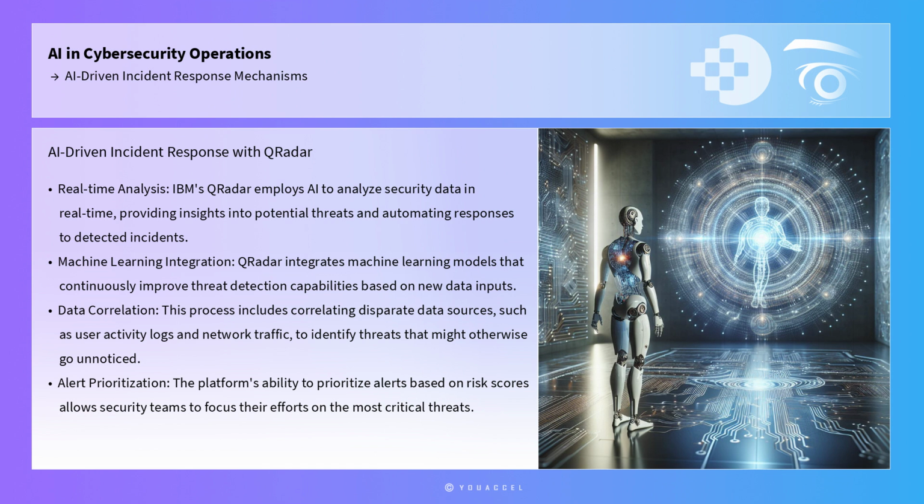This process includes correlating disparate data sources, such as user activity logs and network traffic, to identify threats that might otherwise go unnoticed. The platform's ability to prioritize alerts based on risk scores allows security teams to focus their efforts on the most critical threats, thereby optimizing resource allocation.